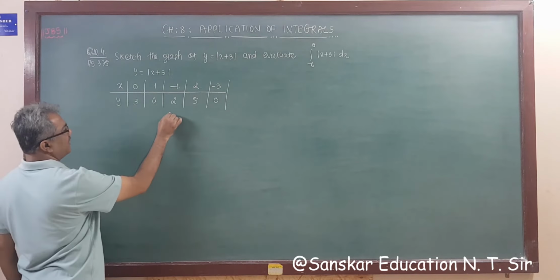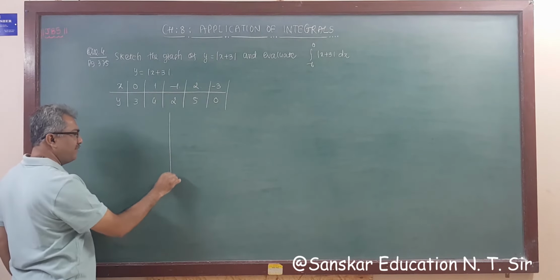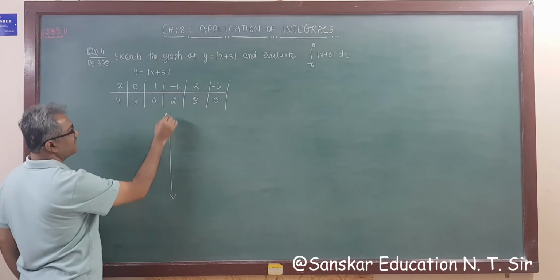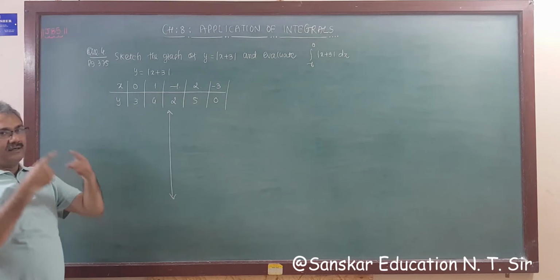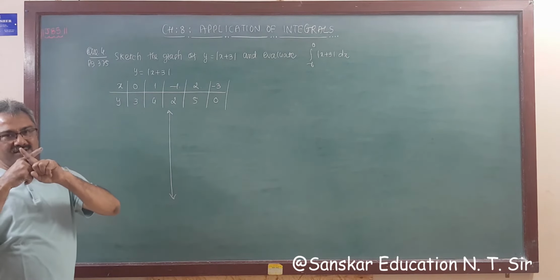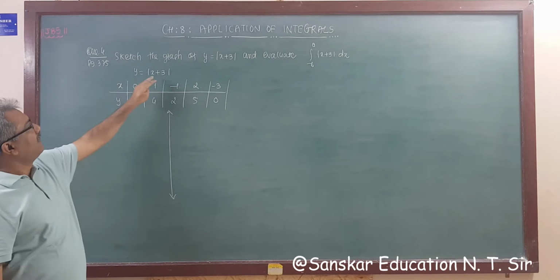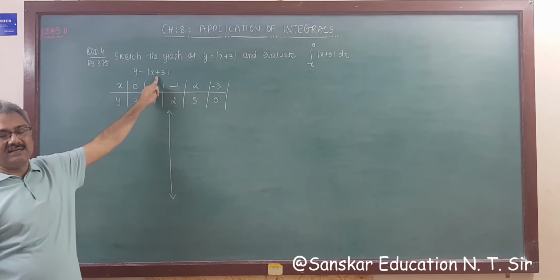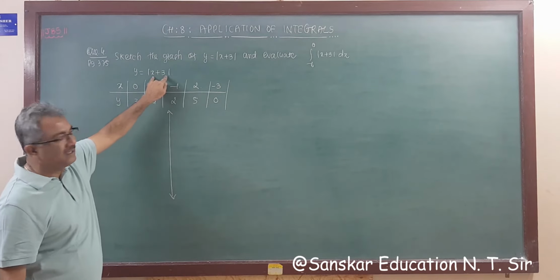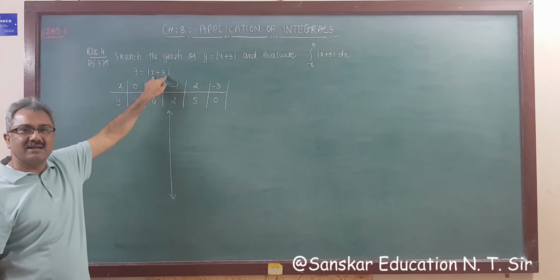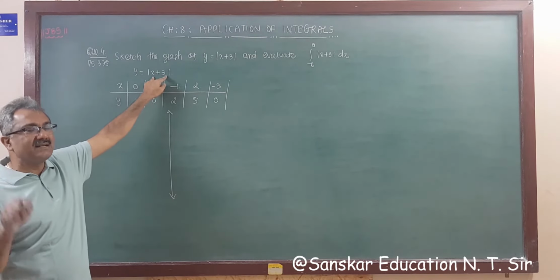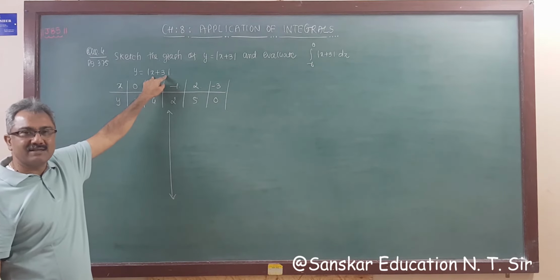So if we draw a graph, the graph of a modulus function is a union of two arrows like this, and this graph intersects the x axis where mod is equal to 0, that is, x plus 3 equal to 0, at x equal to minus 3.